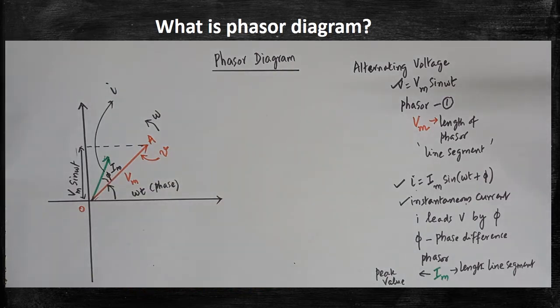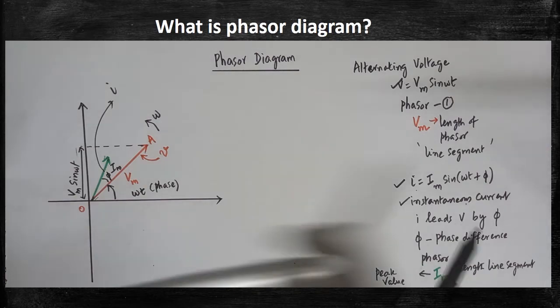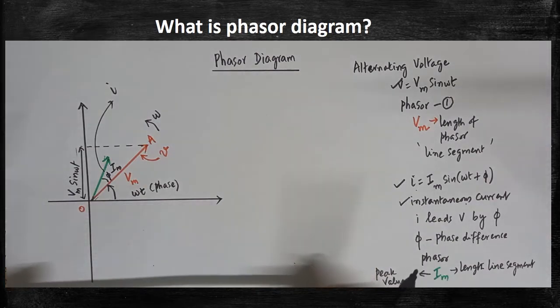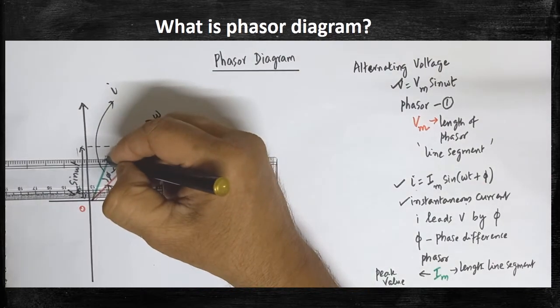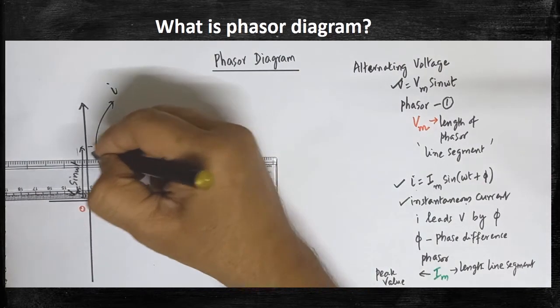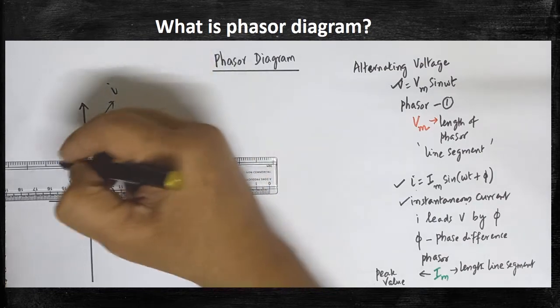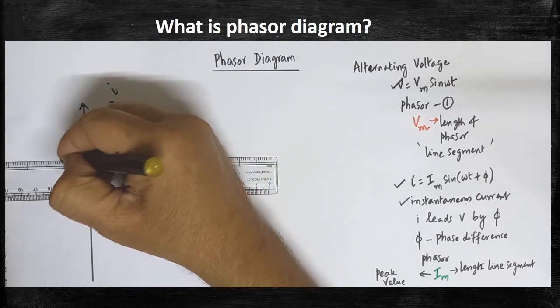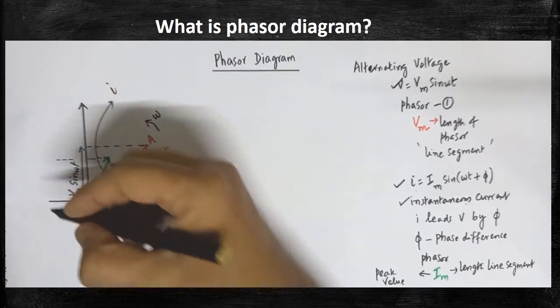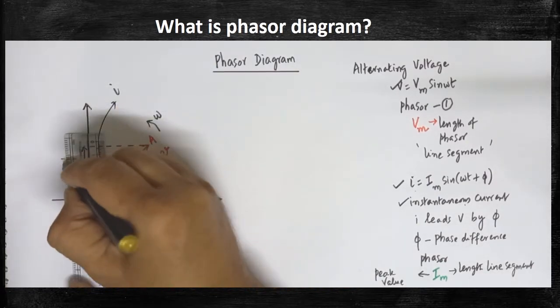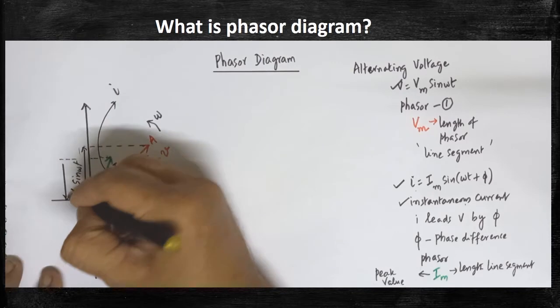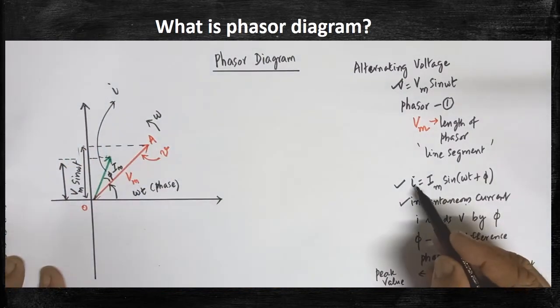Understand this. Now what we have to do? Now we have to draw the projection. Towards which axis? Towards the y axis we have to draw the projection. After drawing the projection, you will get a certain length. That length gives you the value of I. So what is the value of I?